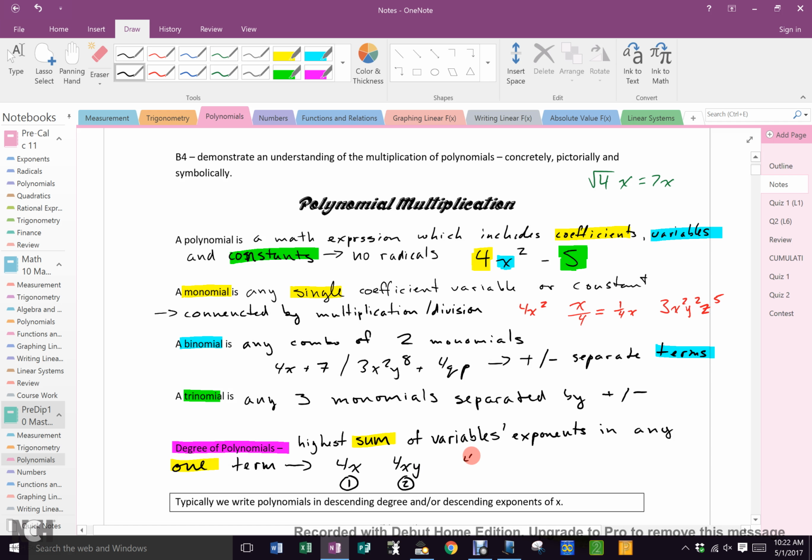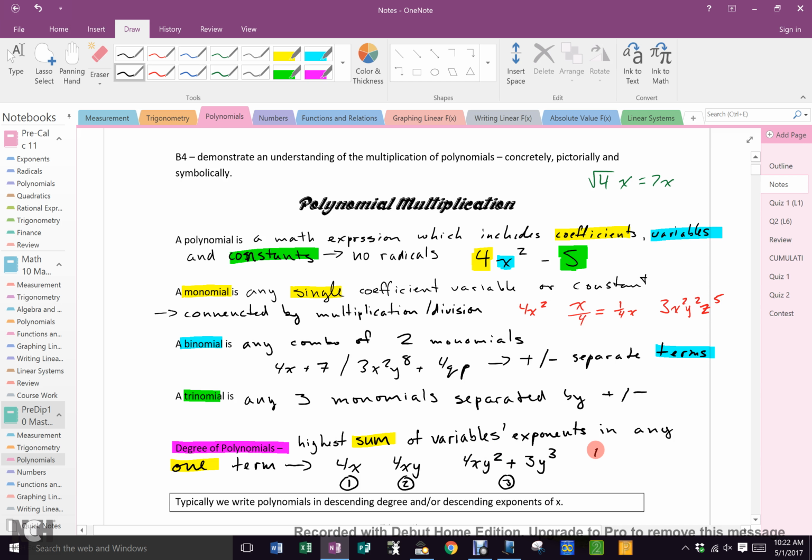Okay. 4xy squared plus 3y cubed. What degree is that polynomial? No. In any one term. So it's still a third degree because they're both 3. Everybody got it?